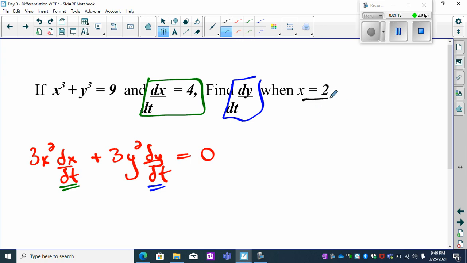All right, x is 2. I need to find y. Well, to find y, I'll take that initial condition and I'll solve. I'm going to fill a 2 in here.